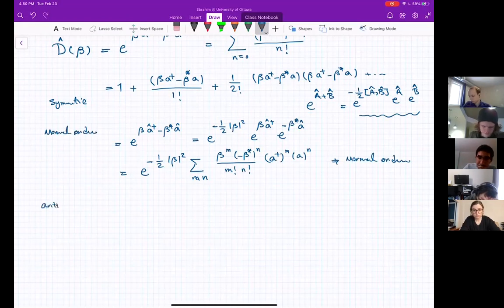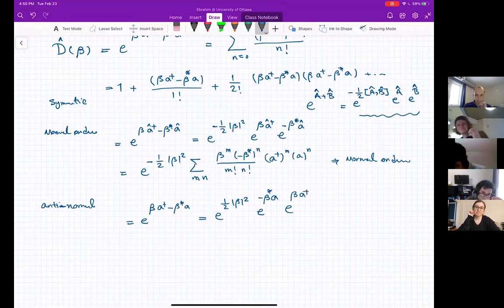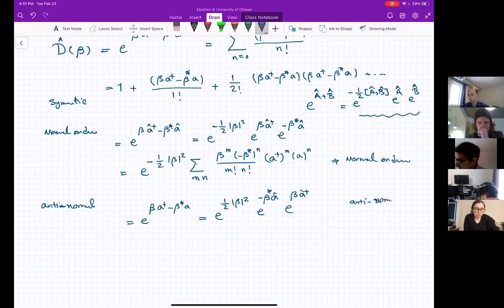This is for anti-normal, where the displacement operator e^(β a† − β* a) is given by e^(1/2 β²), e^(β* a), e^(−β a†). This is anti-normal order.